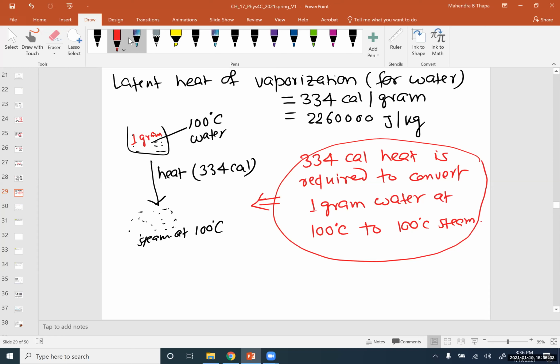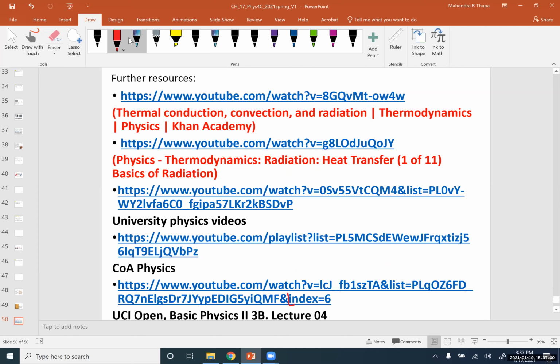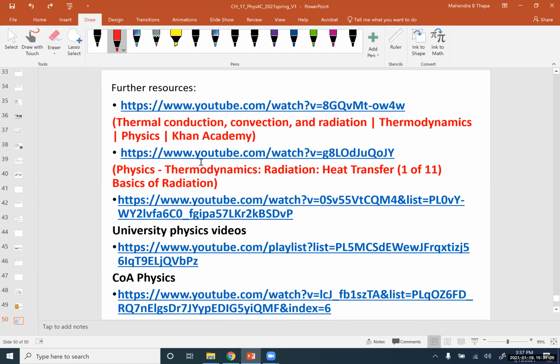Again, repeating: we use the formula Q equals m c theta, where theta is the change in temperature, for change of temperature. Q equals m L will be applied only if we have change of state.